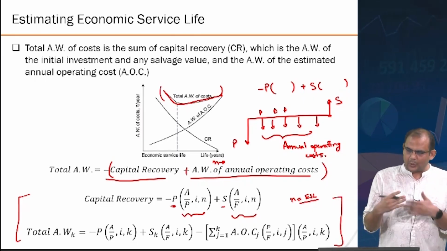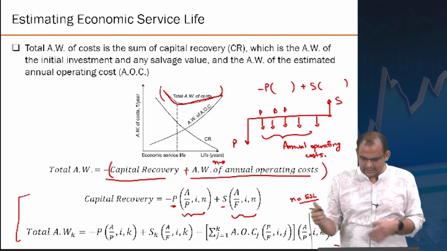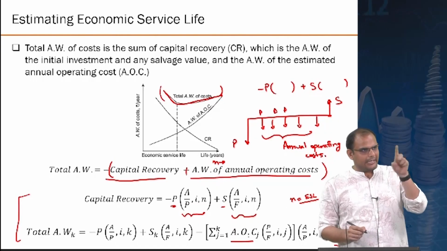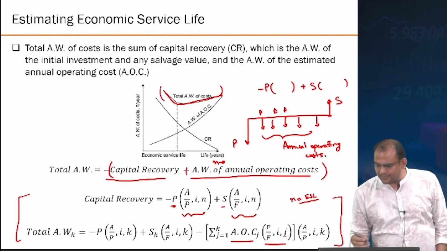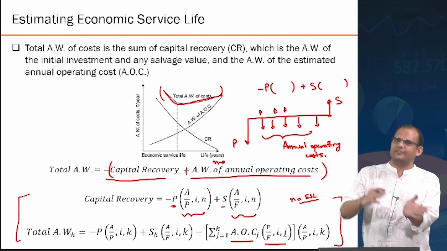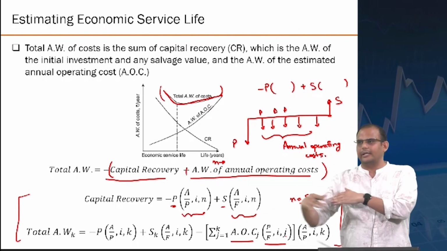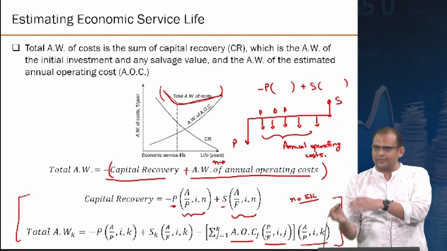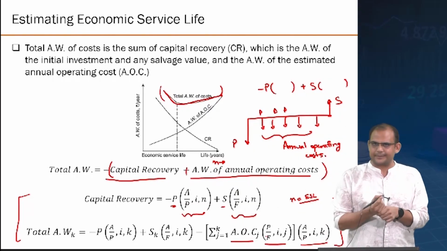And then the total annual operating cost till that period is the annual operating cost in an nth year or a jth year, which is distributed using the P/F formula, first taken to the present worth and then distributed back as the annual worth, A/P. So, you are bringing it to the present worth and distributing it back to the equivalent annual series.